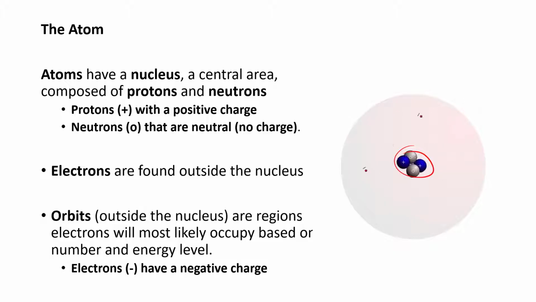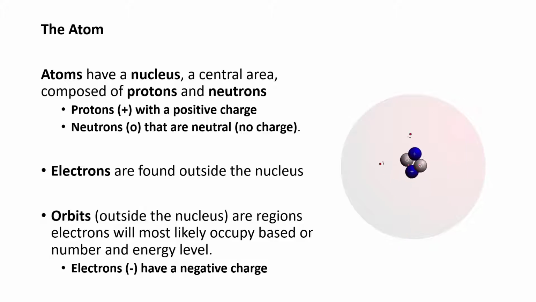Whereas outside of this nucleus, you have these electrons. They're just flying all over the place, and they're outside the nucleus. We often call these things orbitals. Where they are actually located and how they work, there's a little bit of a discussion about that. But for the sake of this lesson, electrons are outside the nucleus.